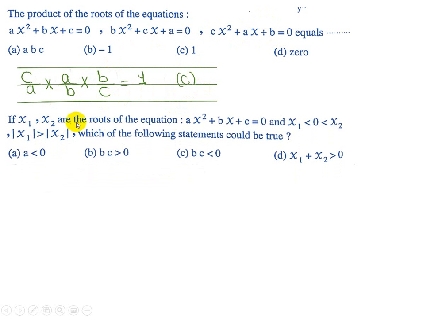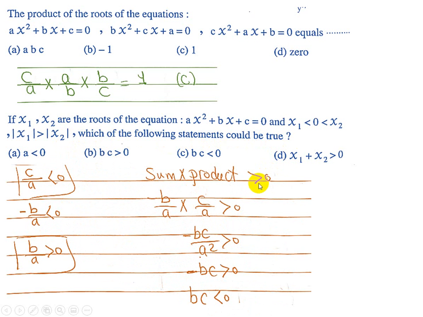If x1 and x2 are the roots of the equation ax squared plus bx plus c equals 0, and 0 is greater than x1 and smaller than x2, and absolute x1 is bigger than absolute x2, which of the following statements could be true? So here, since x1 will be negative because it's smaller than 0, and x2 is positive, greater than 0, and here absolute x1 is bigger than absolute x2, the sum of the roots will be negative.